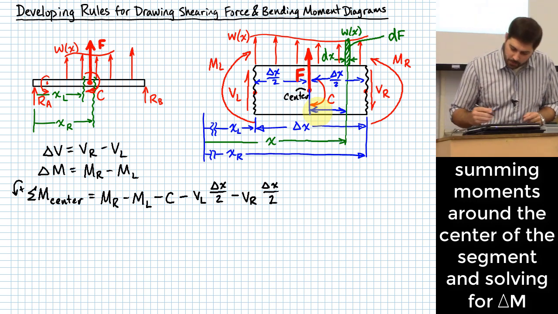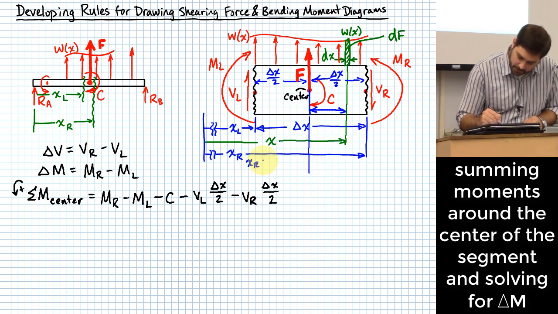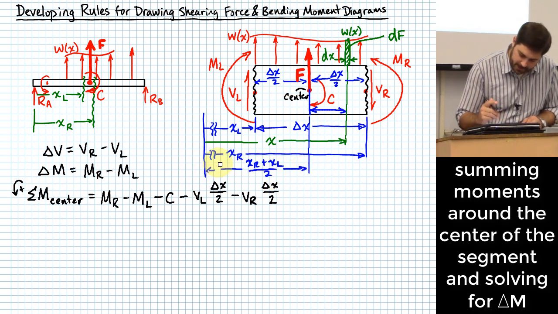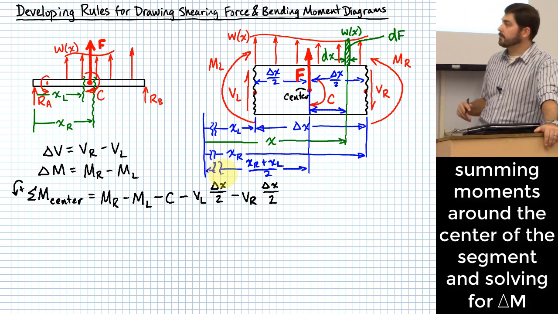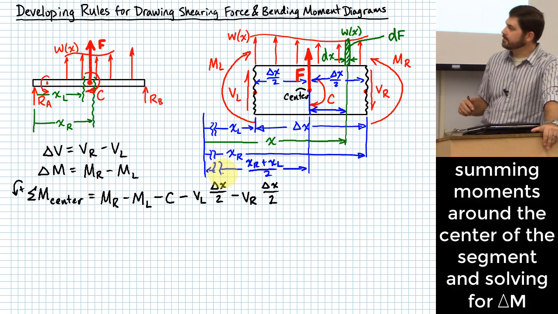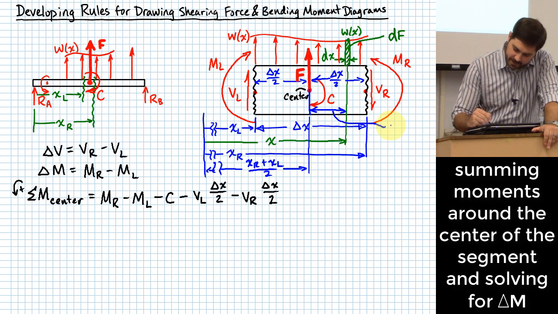So that would be how far it is from the left end to this location, relative to that left point. So what's that distance? This distance right here is going to be x minus that average, XR plus XL over 2.